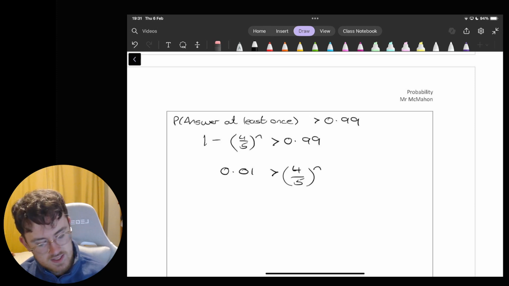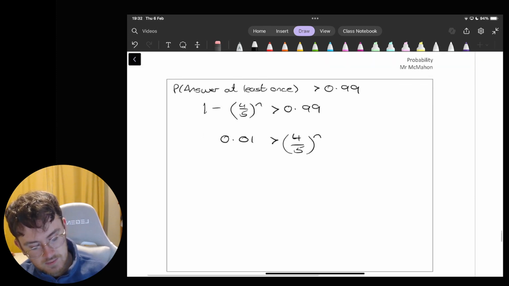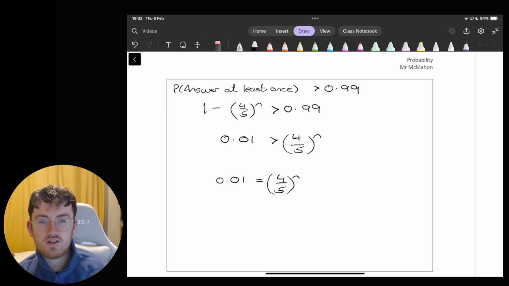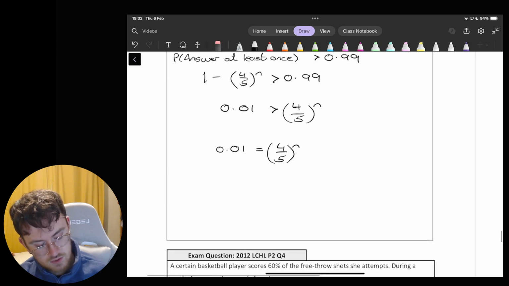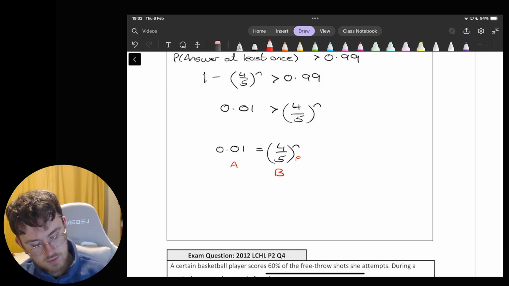We need to convert this now to a log equation. So what we might do is look at the value of n, which would give me 0.01, and then consider what we would need to look at with n then to give me a value less than 0.01. So converting to log form, okay, and we've gotten it a bit backwards here, but this is my base, my power, and then my answer part here.